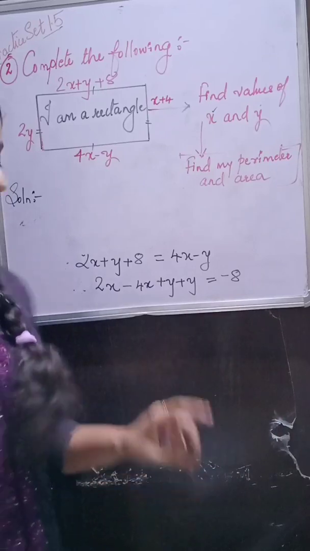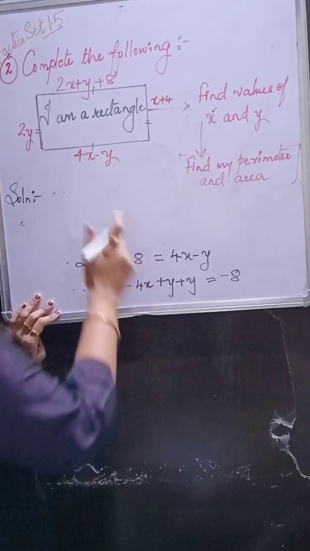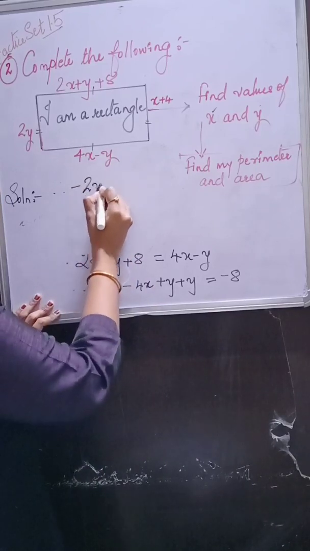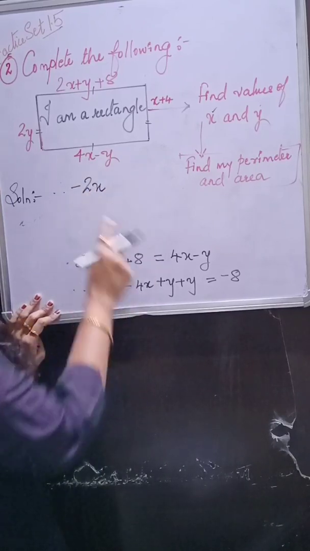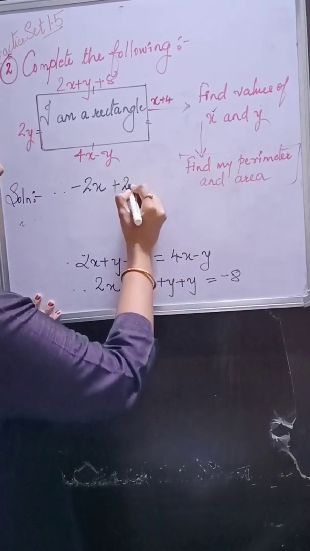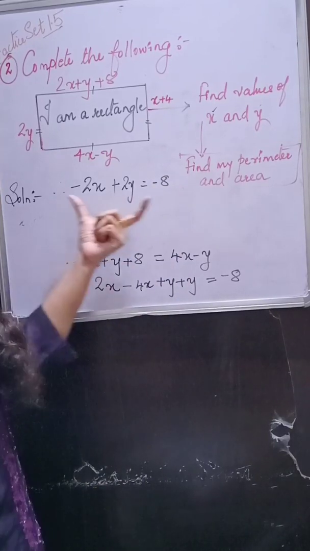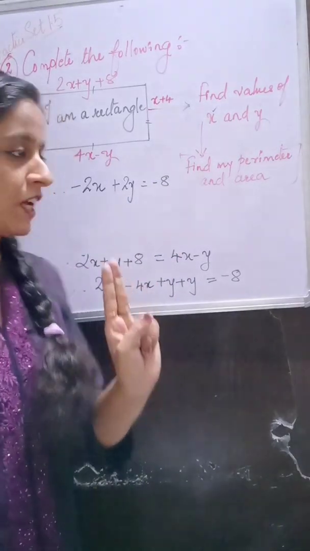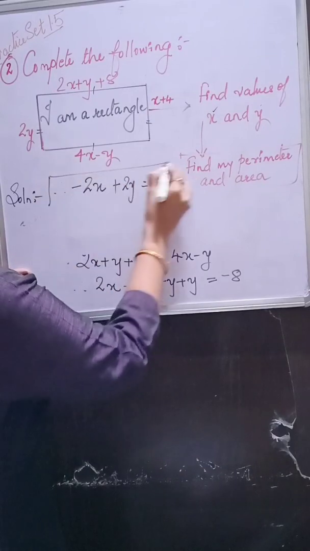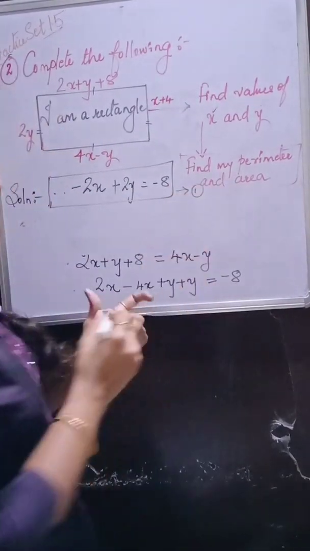Solving this, 2x minus 4x will be minus 2x. Minus 2x plus y plus y will be 2y, is equal to minus 8. So this is the first equation that we got. I'll give it as equation number 1.